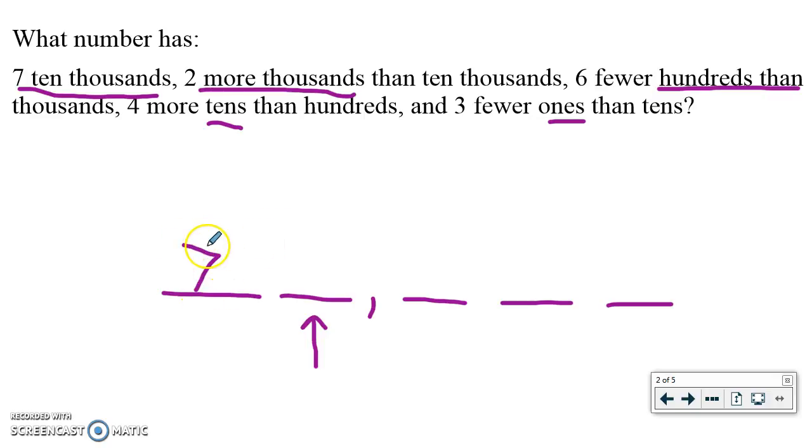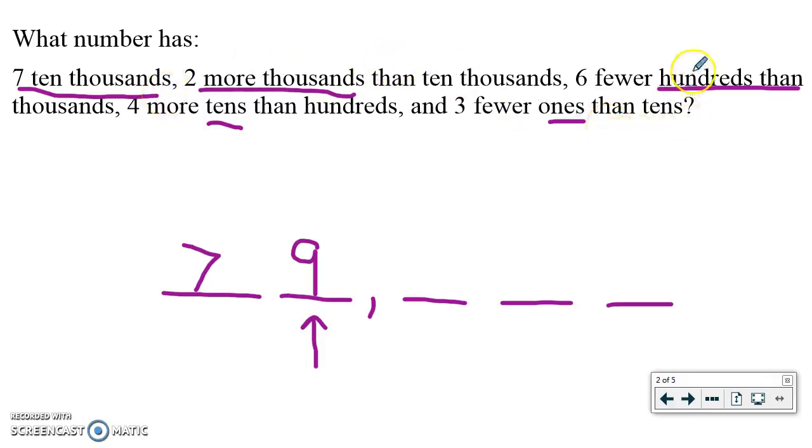So if we look at the 7 here and we figure out what is 2 more than 7, well, 8, 9. So we are going to put a 9 in there. Some of you are going to make mistakes and you're going to say it should be 72,000 because you're only looking at the digits that are written here and you're not reading the directions.